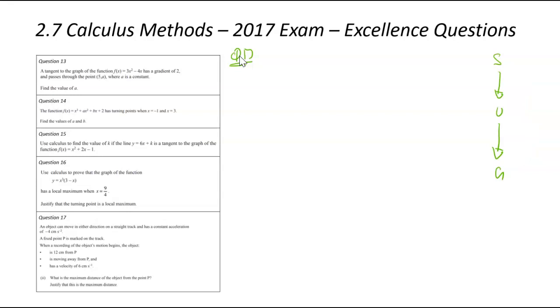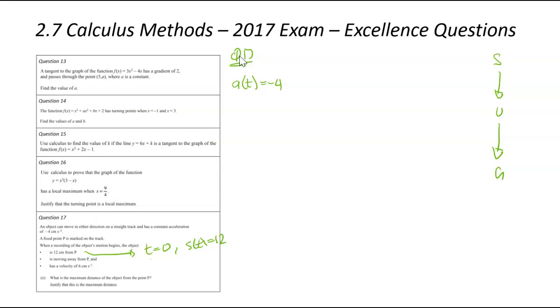An object can move in either direction on a straight track at an acceleration of -4. So what that tells us is a in terms of t will be equal to -4. That's with reference to a fixed point P. When a recording of the object's motion begins, the object is 12 centimeters from P. So what that tells us is when t is equal to 0, the displacement in terms of time will be equal to 12, because it's 12 centimeters away.